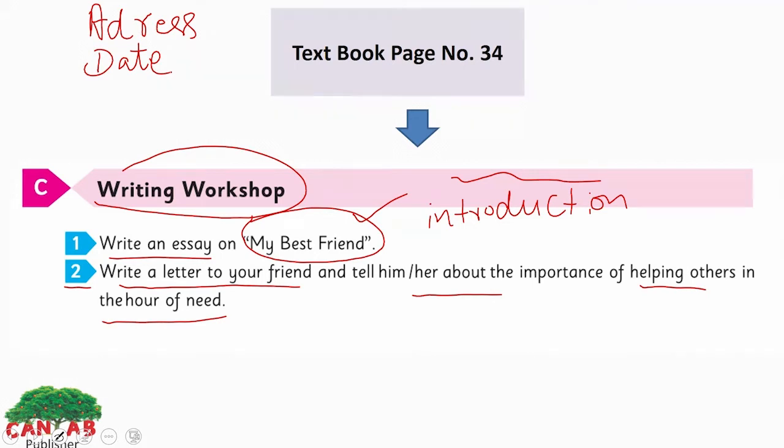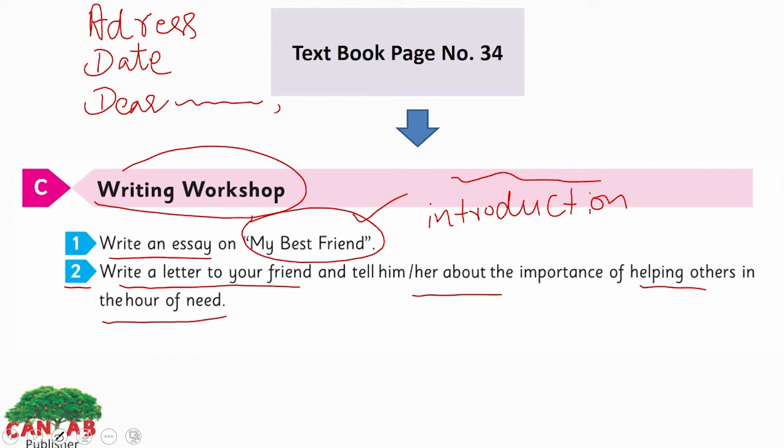Date here, then start with Dear and your friend's name here and ask him about himself. I'm fine. I hope you're also fine. It's been a long time. I haven't heard from you. You can start like this and come to the main point of telling the importance of helping others.